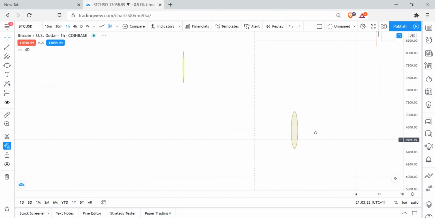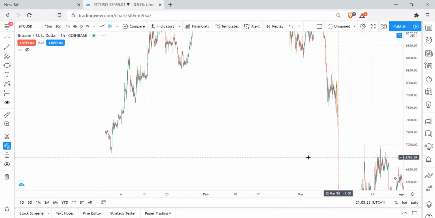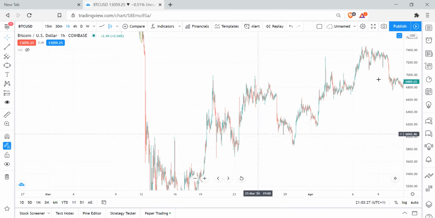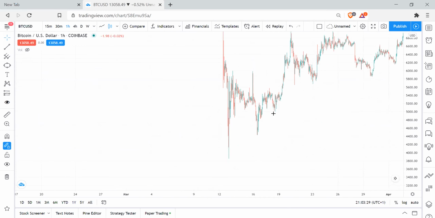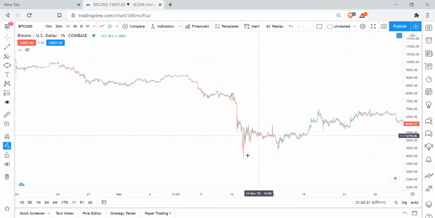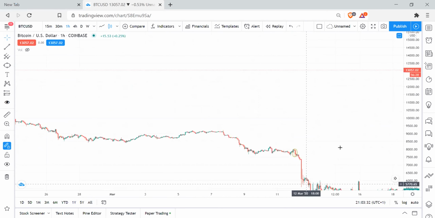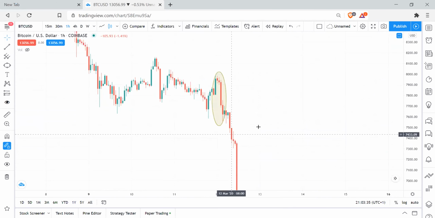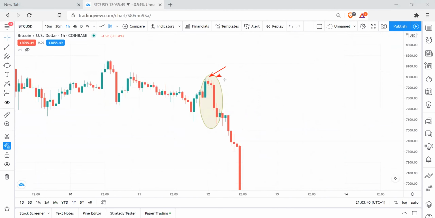The day we're looking for is March 12th, I think. Okay, it's okay. So let's count. 1, 2, 3, 4. These are the 4 candles that when they added up, give us one huge big red candle. You see that?